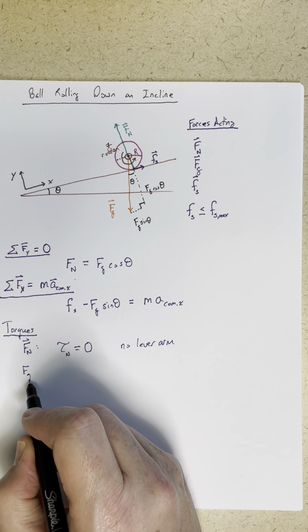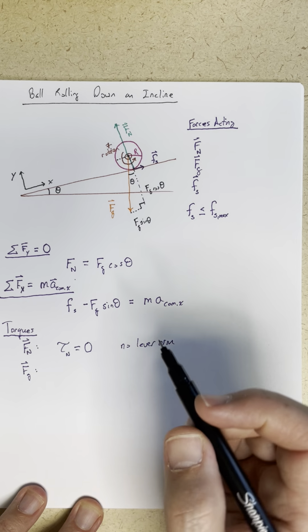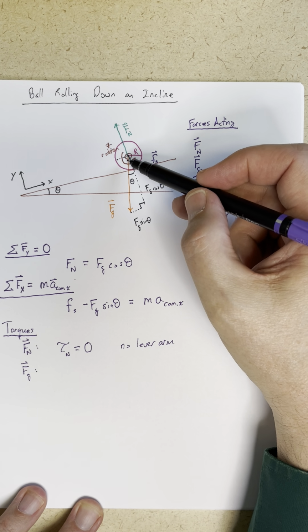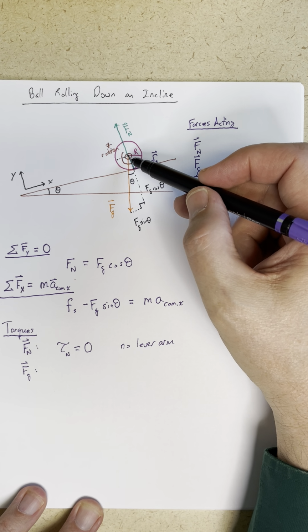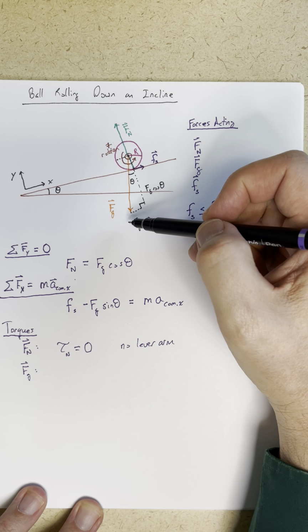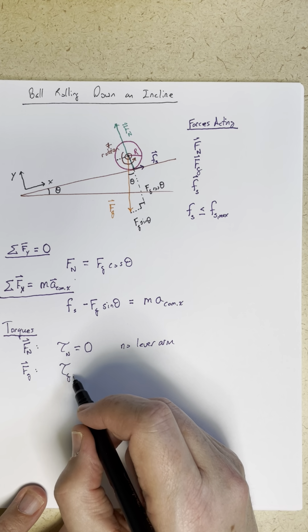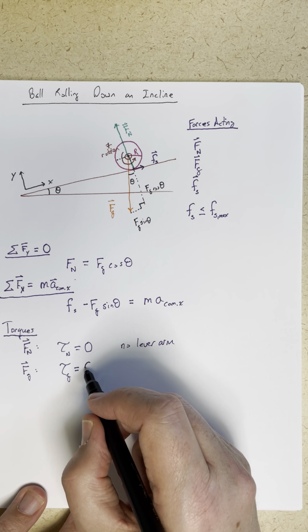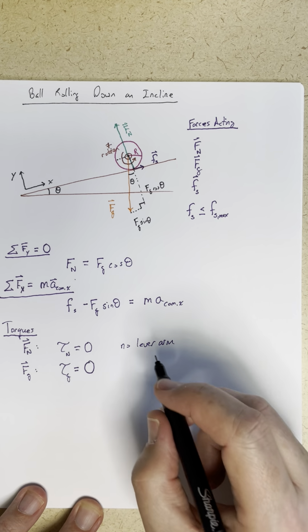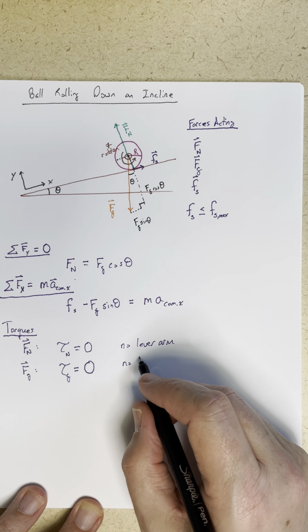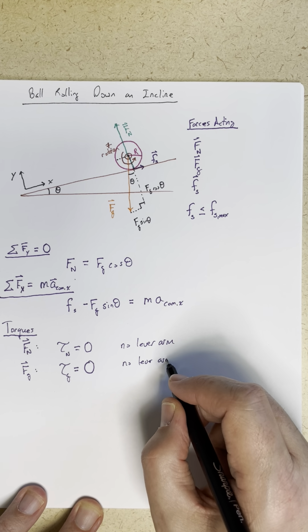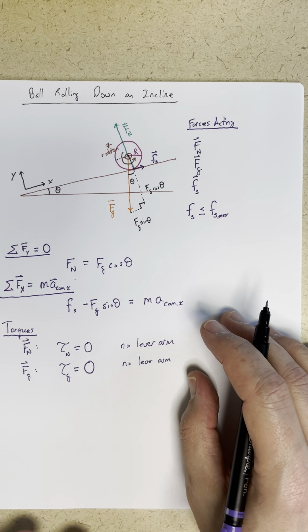The weight of the ball, well, that acts at the center of mass of the ball, and it's directed straight down. So for that rotation axis, the weight of the ball causes no torque. And again, because there's no lever arm going into that torque.